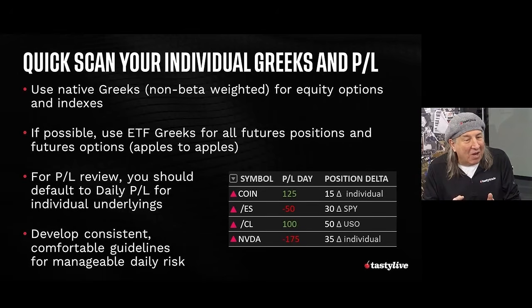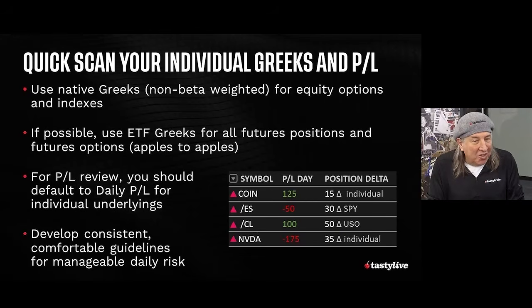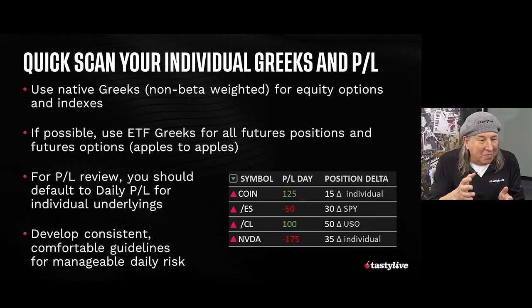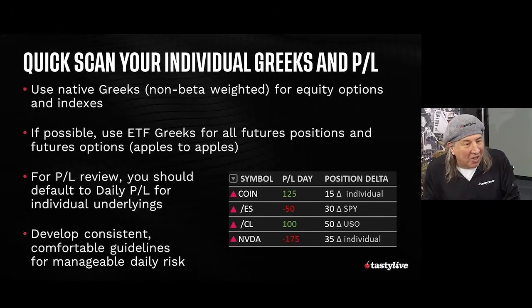But in order to compare apples to apples, what we do is we normalize everything by using native non-beta weighted Greeks for individual equities. And then for futures, we convert everything to their equity equivalent. So for example, ES would be converted to SPY, but as you see below, crude oil is converted to USO.